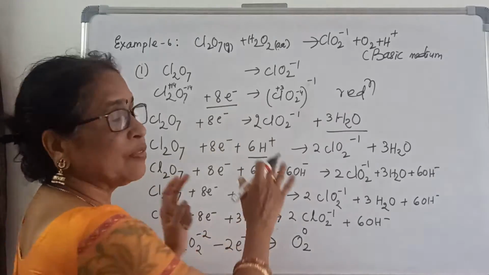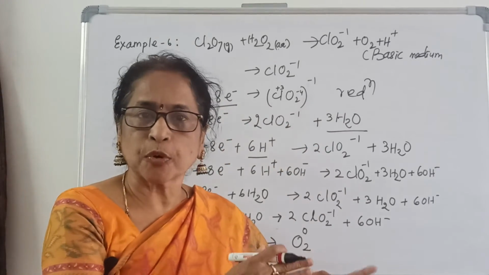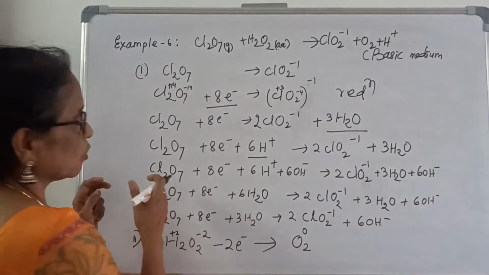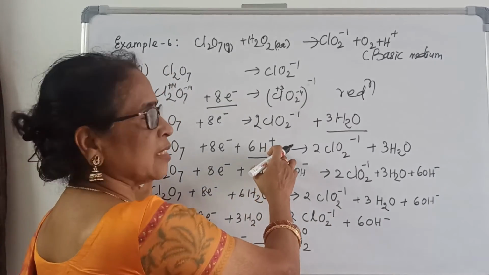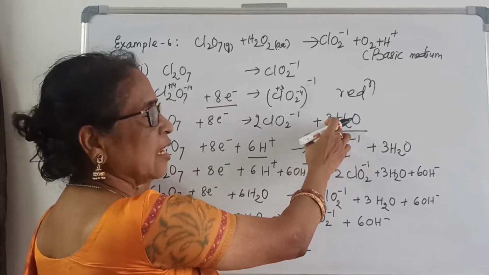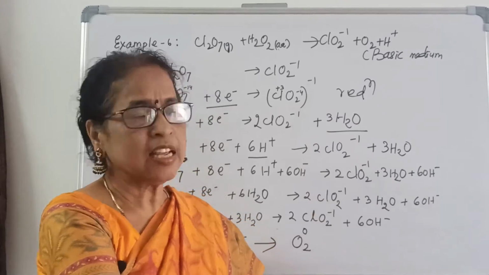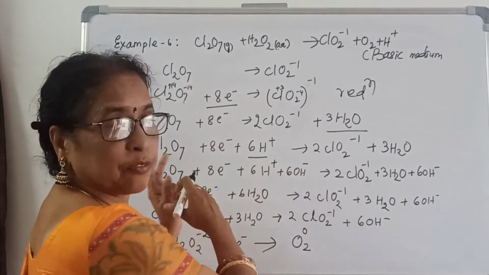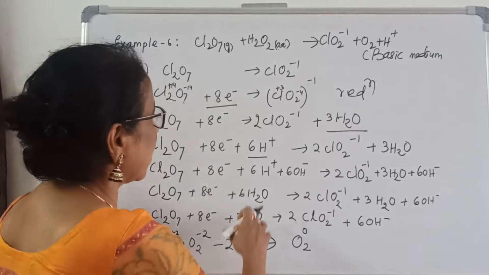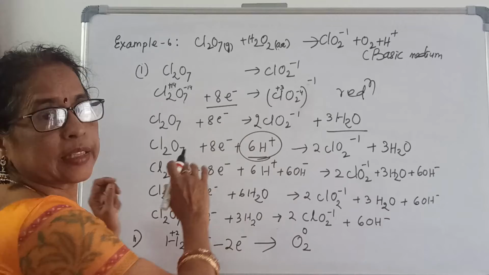Sorry, that means there is a deficiency of 6 hydrogen on the reactant side, since 3 into 2 gives 6 hydrogen on the product side. That is why I should add 6 H plus on the reactant side.